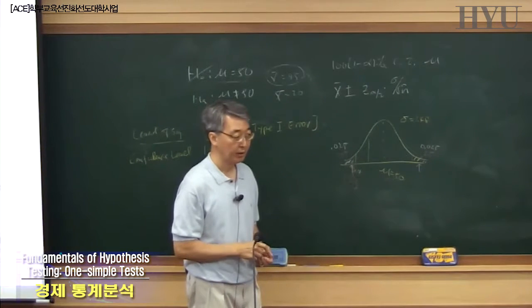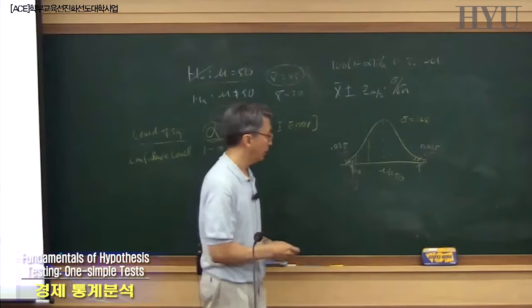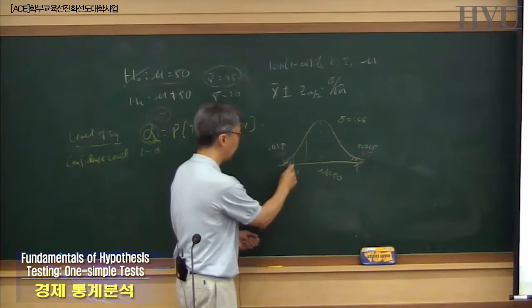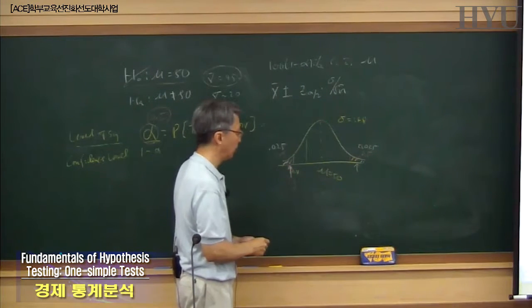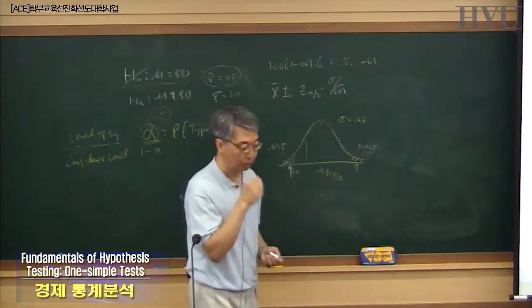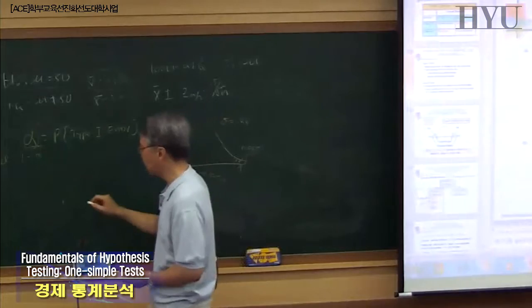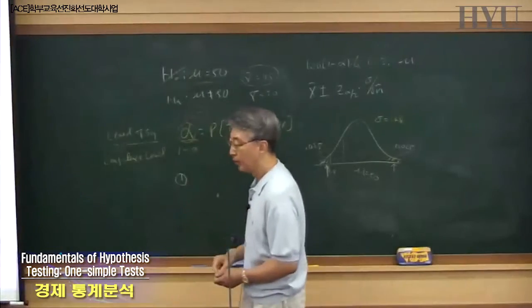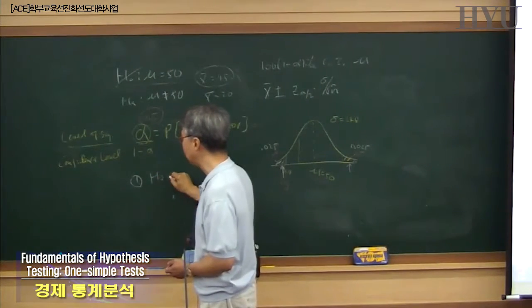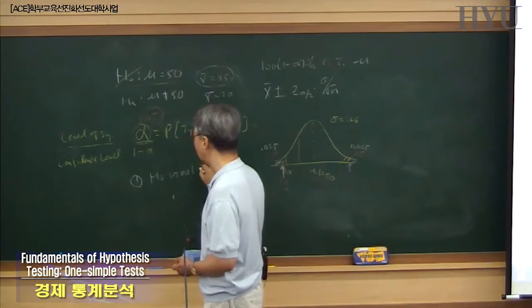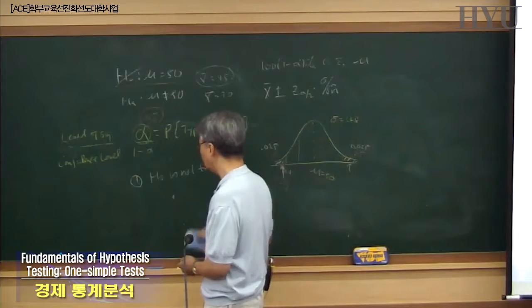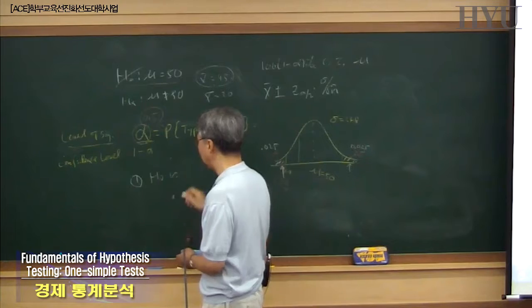So if your sample result falls within the rejection region, then there are two possibilities. First possibility is the null hypothesis is not true, or the null hypothesis is false.